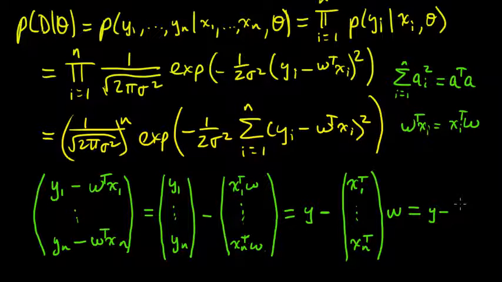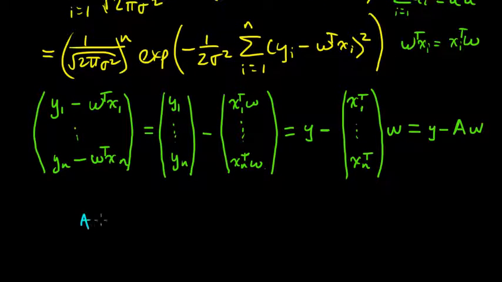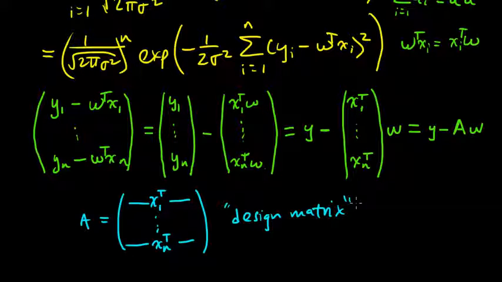Let's call it A. A is this matrix, x1 transpose down to xn transpose. And this is sometimes called the design matrix.